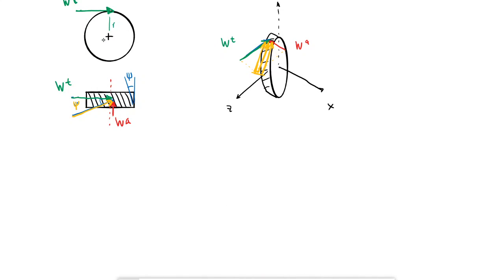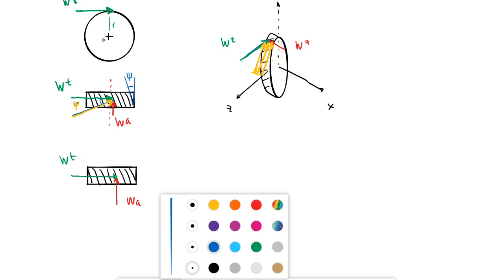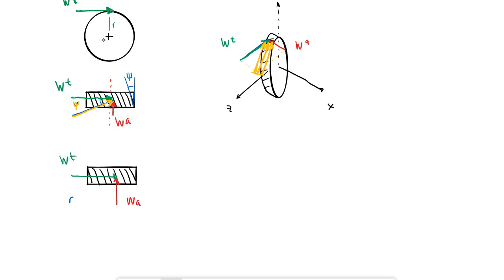And I'm going to redo this just so that I can show the 3D effect of the 3D helix. I would have still WT, WA, and then in blue a 3D one that comes from outside the page or outside the screen into that point, okay, in a 3D orientation, right?